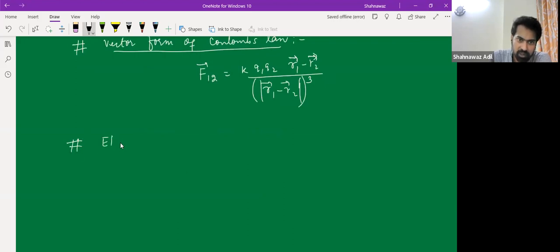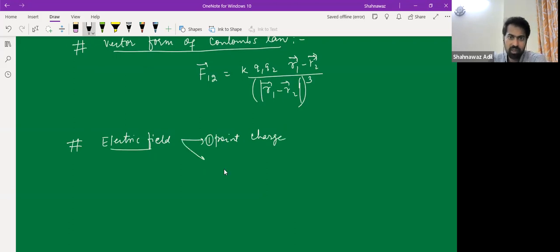Electric field due to a point charge. And then we learned about the superposition principle.